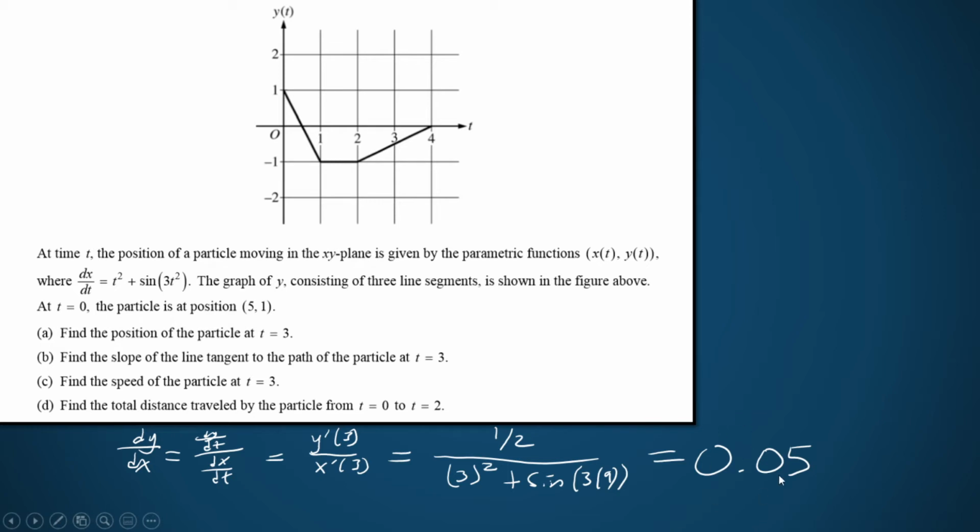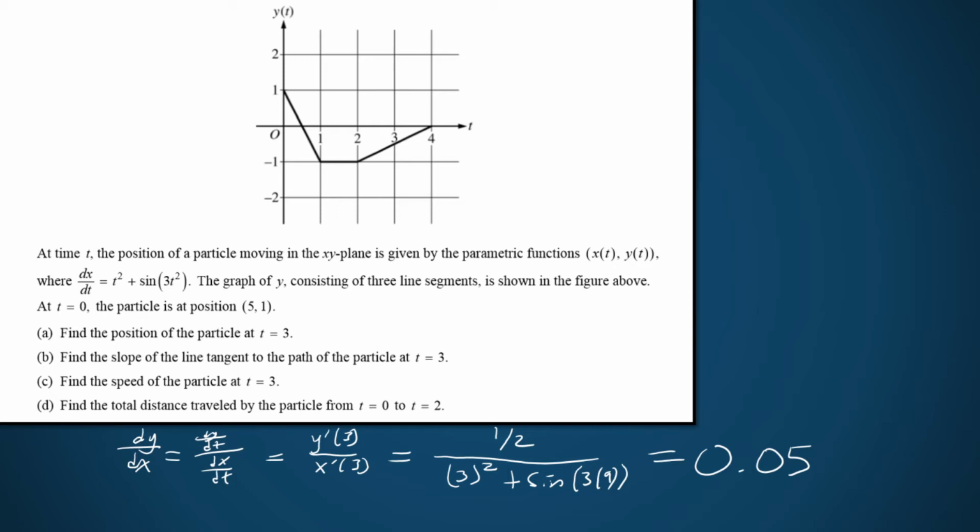So what does this actually represent? The slope. Okay, so this is the slope of the tangent line. But what does that mean in terms of the particle?